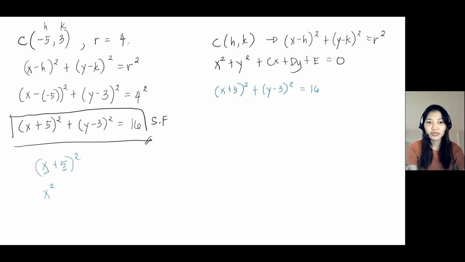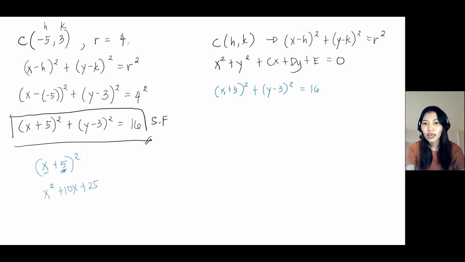So 5x times 2 is 10x. And that will be the second term. And then next, this second term, we're going to raise it to 2. Okay, so the exponent is 2. So 5, which is the second term, raised to 2 is equal to 25. So that will be the trinomial if we're going to expand this x plus 5 squared.